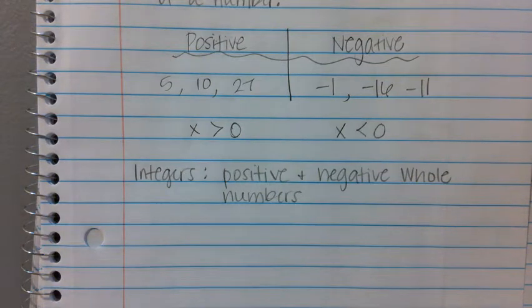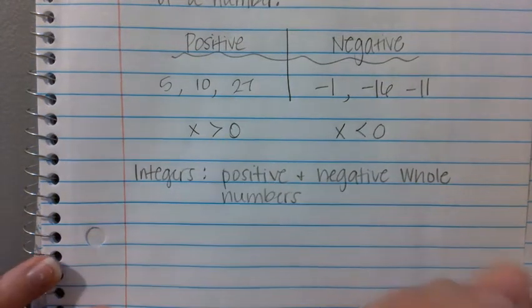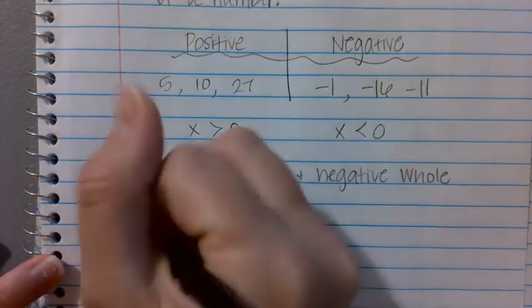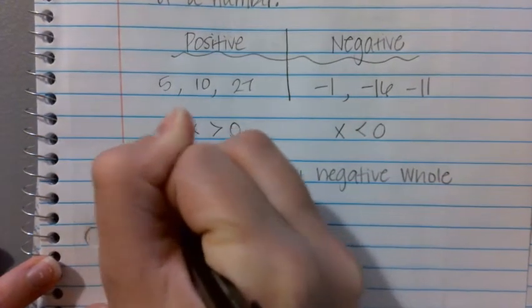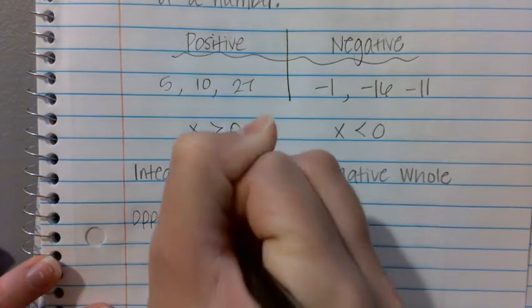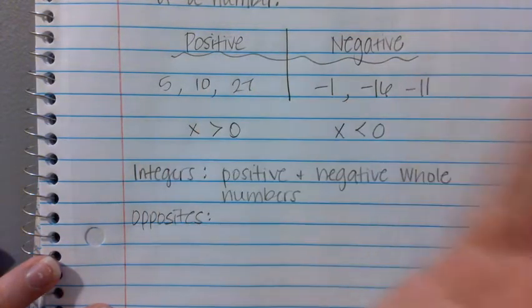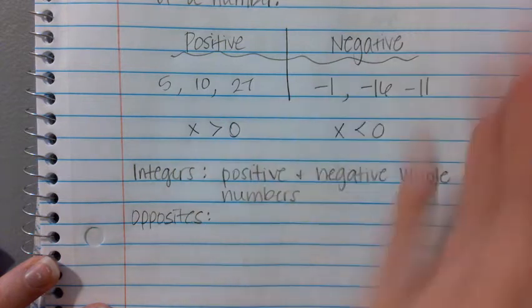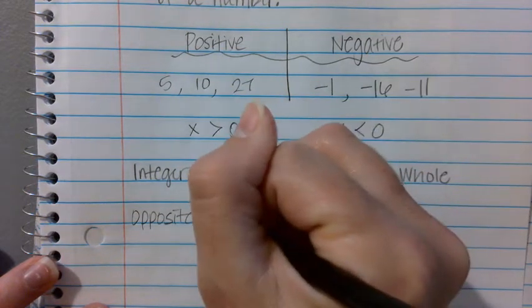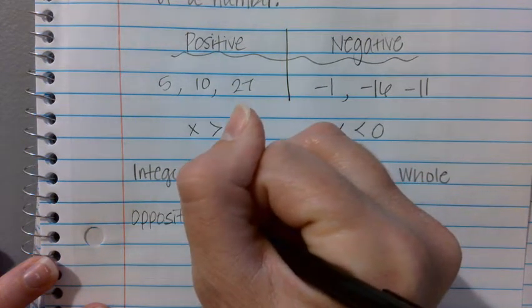So when we think about positive and negative whole numbers, there's also opposites, okay? Opposites are two numbers, one positive and one negative, that have the same distance away from 0.